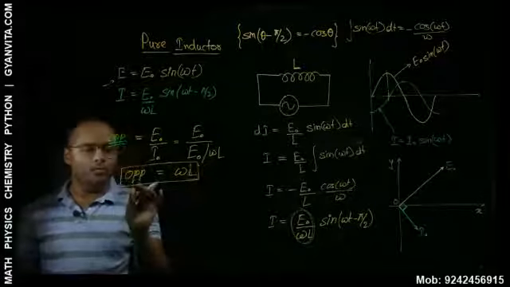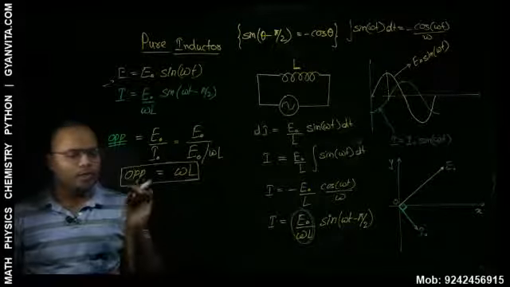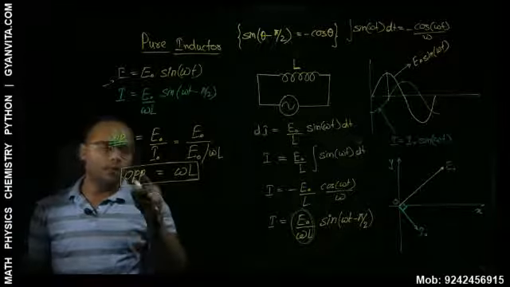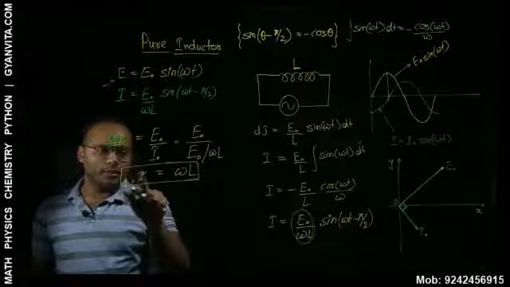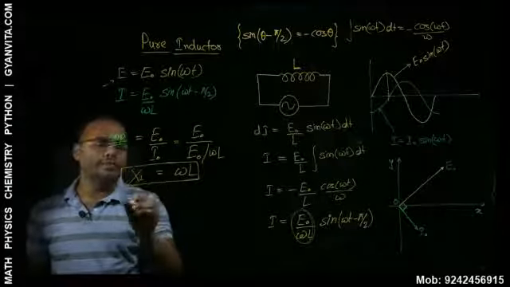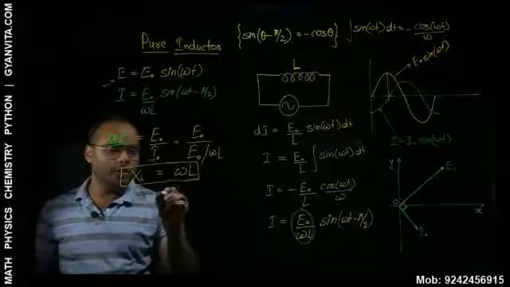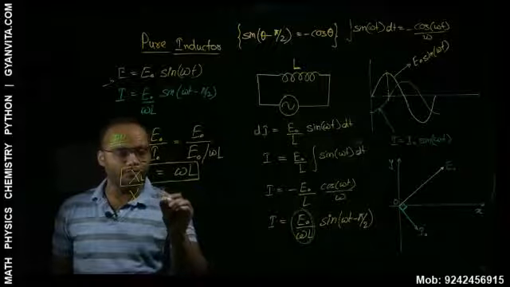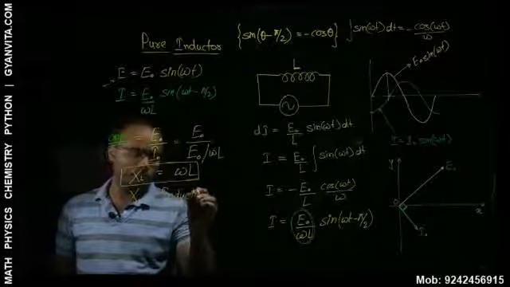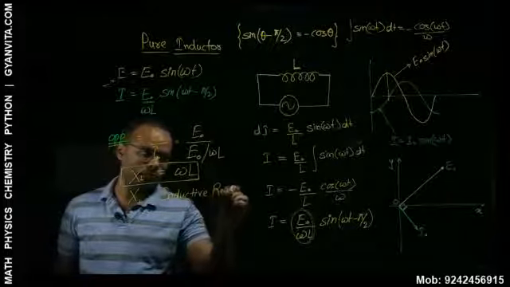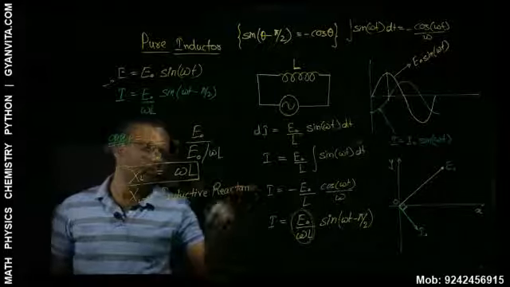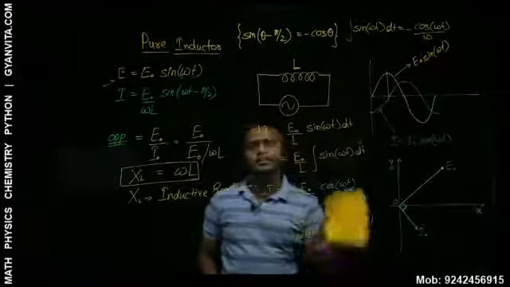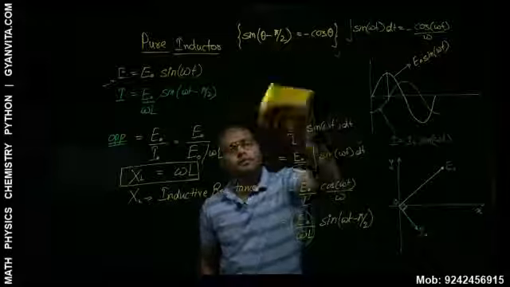Now we are not going to use the term opposition. Opposition is the common term for all the circuit elements. For this, I am using the term XL. XL is called inductive reactance.